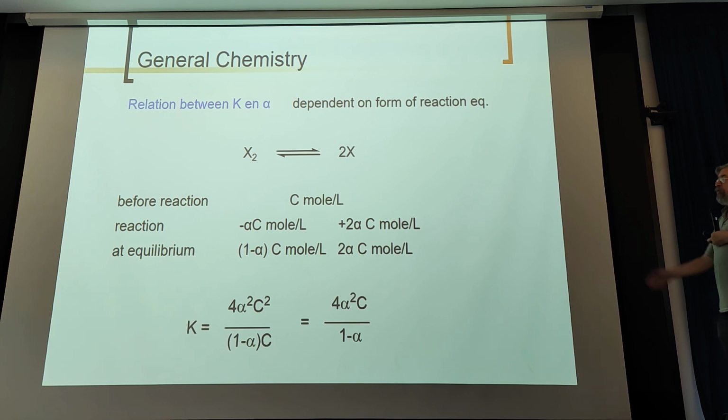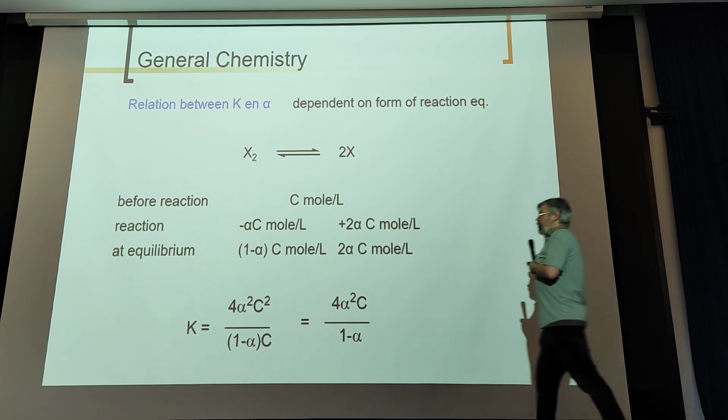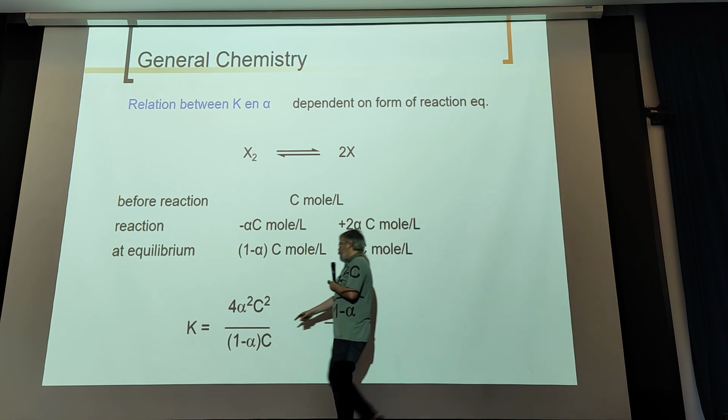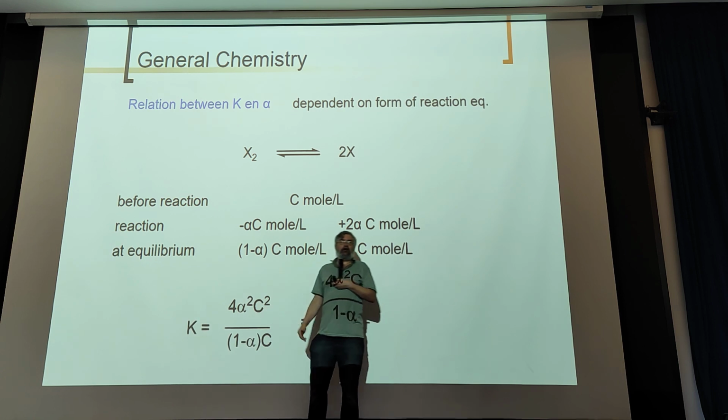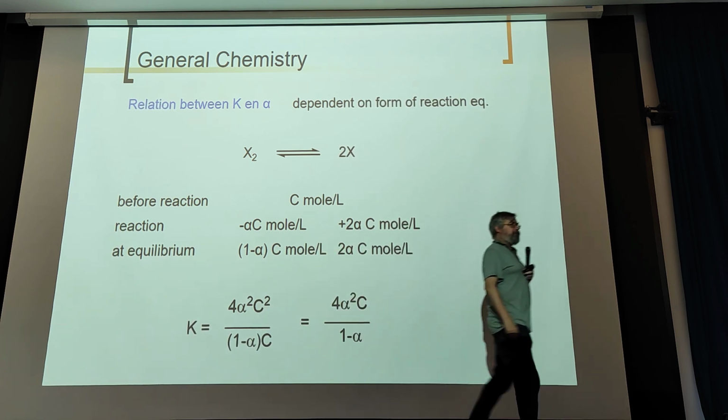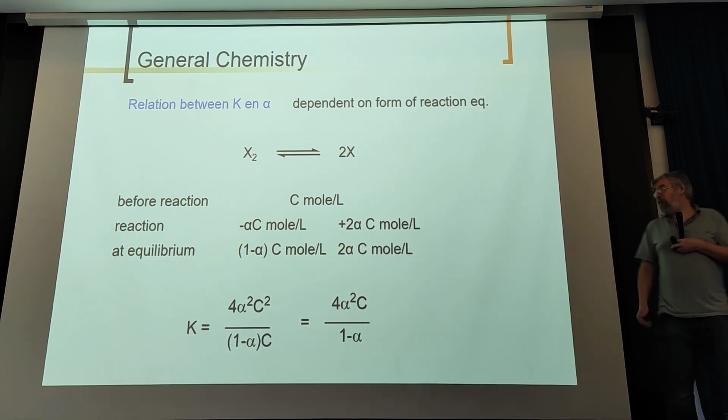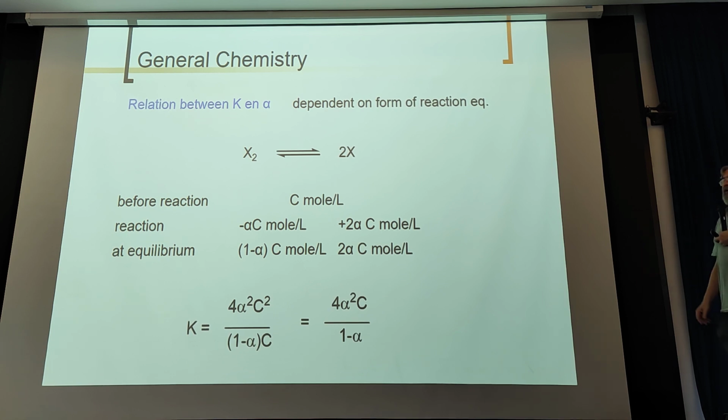And then the concentration is 1 minus alpha C for the reagent. So we can drop C here, we drop the square. And so now we have our conversion for this type of reaction, which is 4 alpha square over 1 minus alpha, multiplied by the concentration. So you see here, this conversion is concentration dependent.